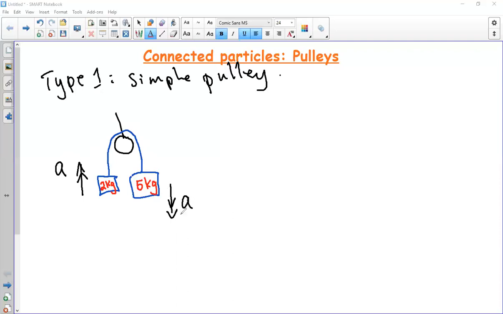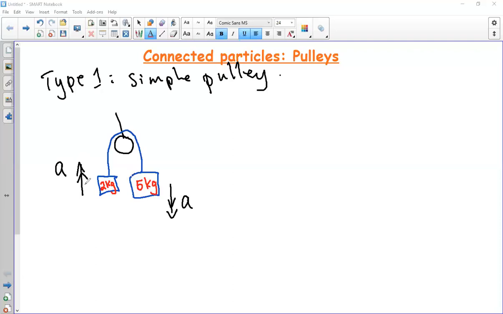For example, if the 5 kilogram box on the right is going down at 2 meters per second squared, the box on the left will also be pulled upwards with the same acceleration, but in a different direction.